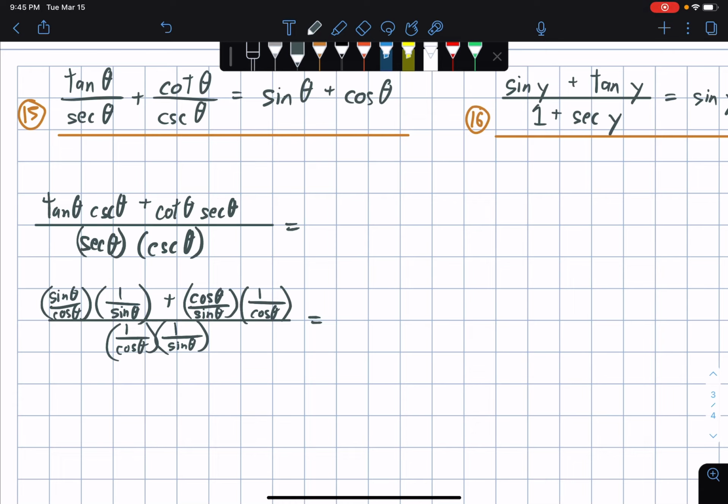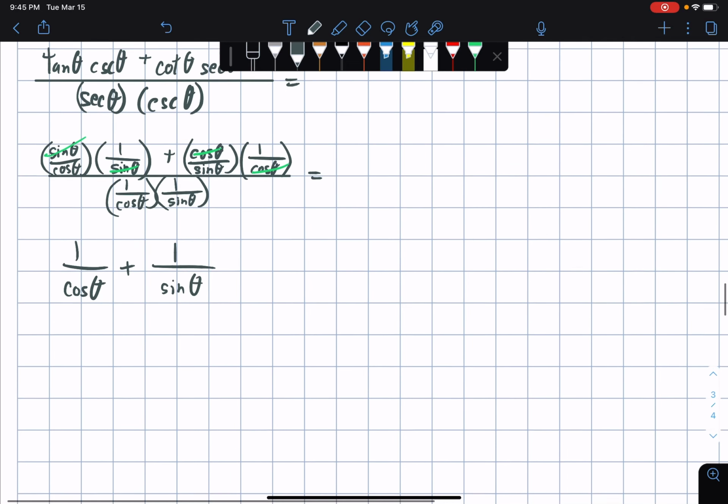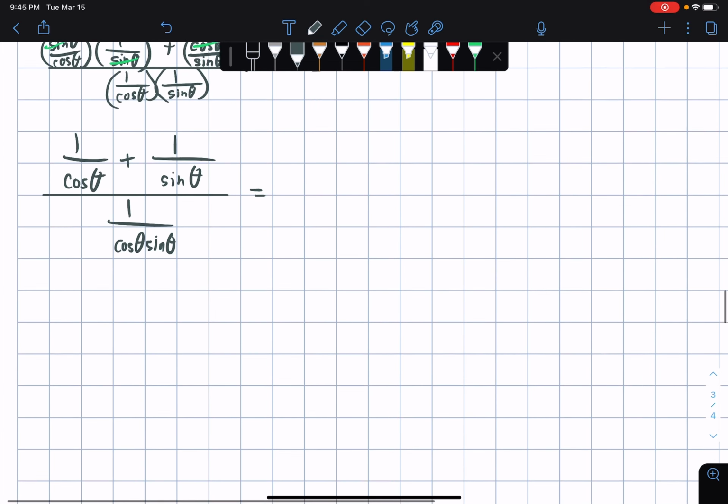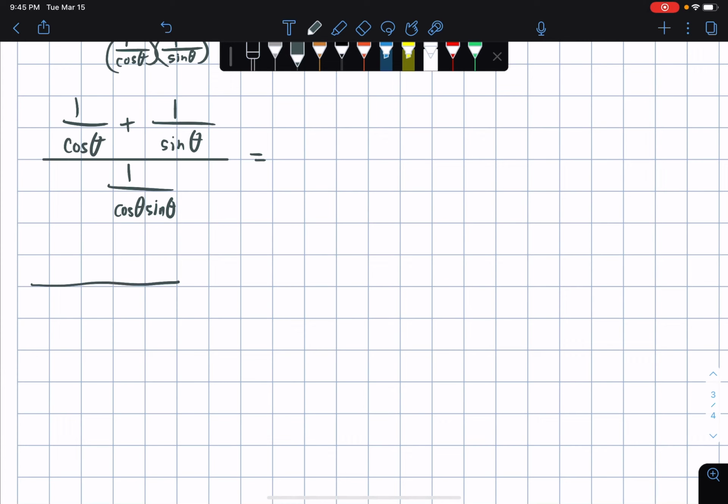Okay, so let's proceed. We can cancel the like terms already and rewrite what we have left. So we have 1 over cos theta, then plus 1 over sine theta, all together divided by 1 over cos theta sine theta. Now let's find the common denominator in the numerator.